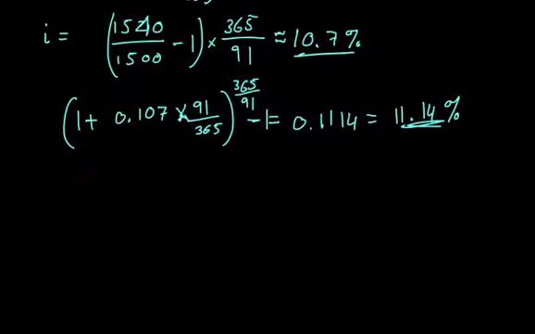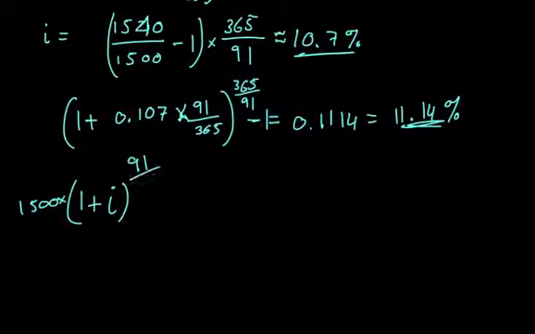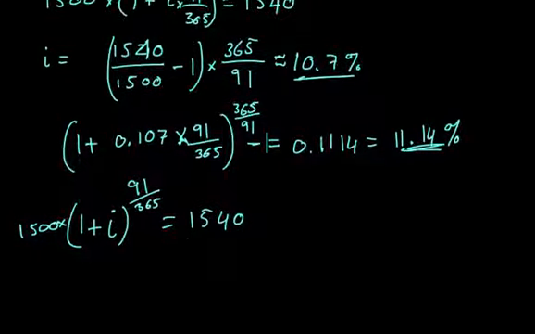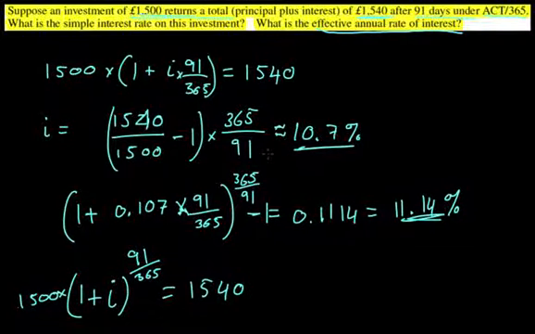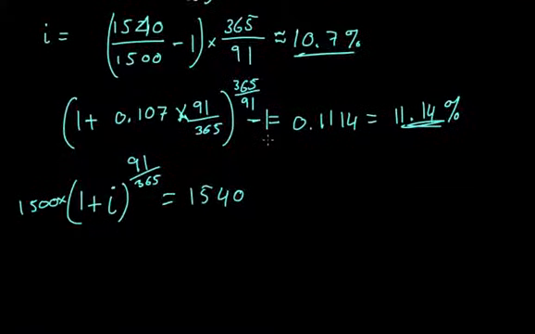Another suggested way of answering this question is by doing something like this. We put in some weird interest rate that we don't quite know yet. We put 1500 out here, so it's going to be 1500, compounding. How much is it compounding? 91 over 365, and whatever that is, it should give us 1540. So whatever this rate is, that should tell us what the question asked, the effective annual rate of interest.